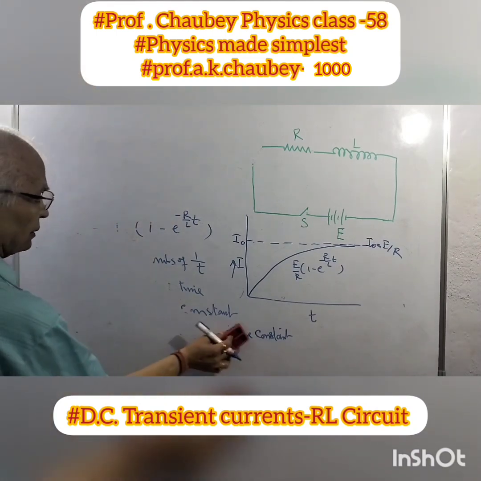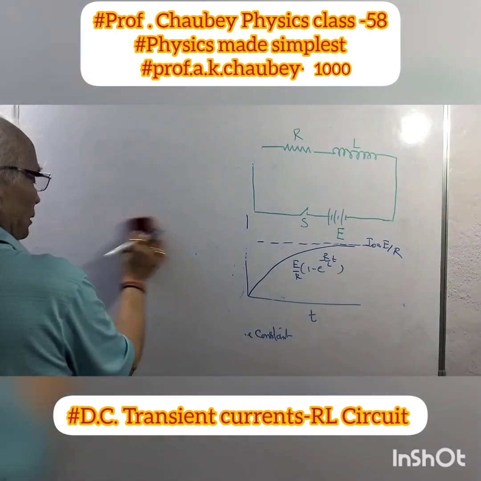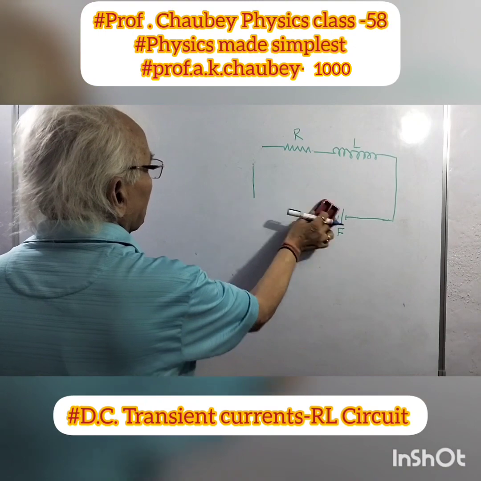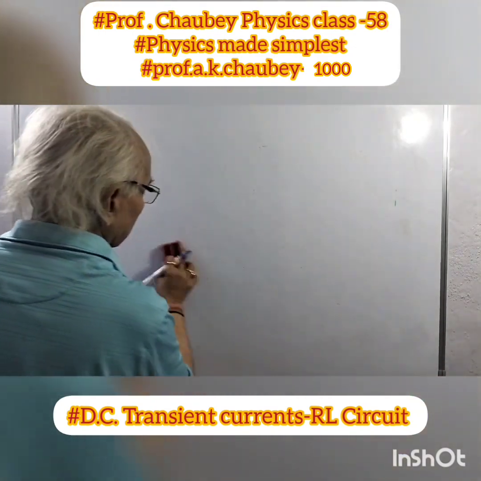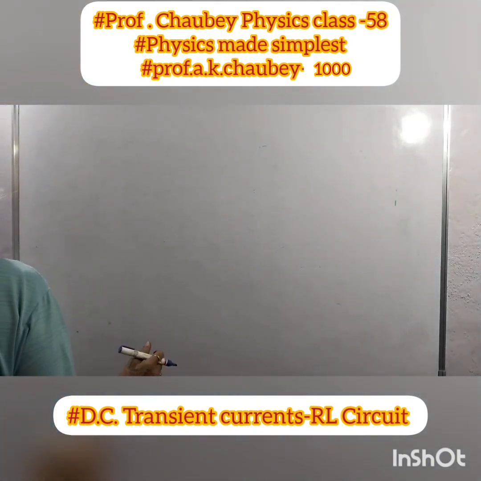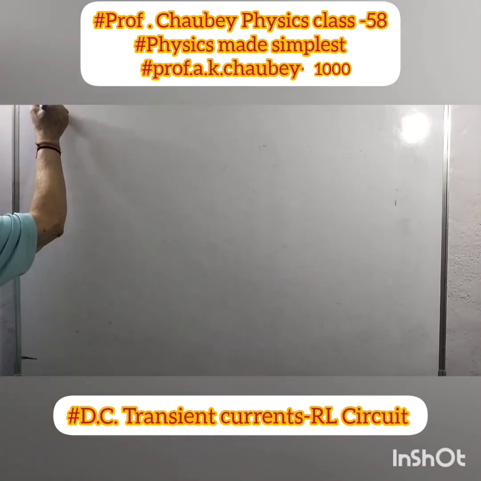So we will discuss some other later on, but let us have some problem also connected with this LR circuit. Say, the time constant of a certain circuit was found to be 2.5 milliseconds. So this is the problem.